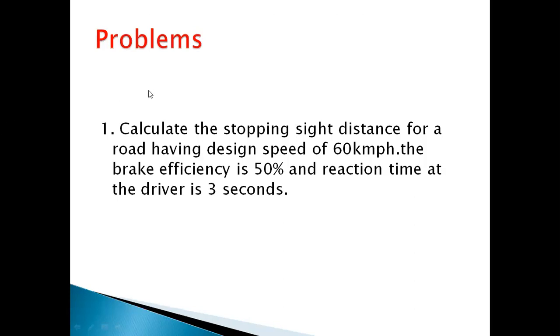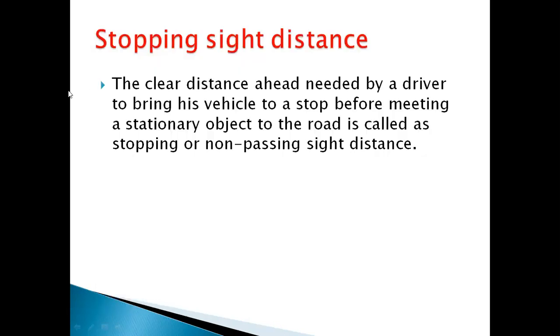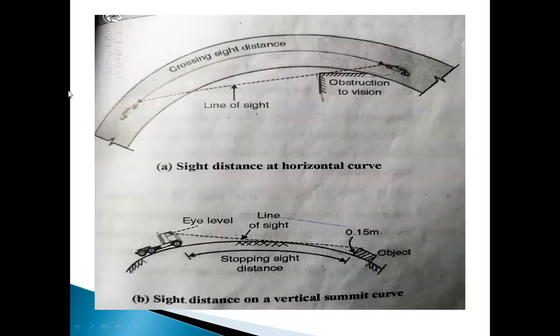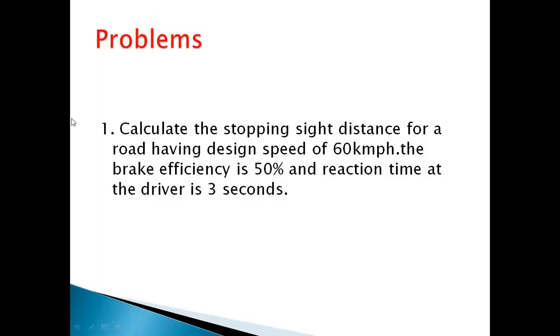Now see the problem of stopping sight distance. Calculate the stopping sight distance for a road having a design speed of 60 kilometer per hour.